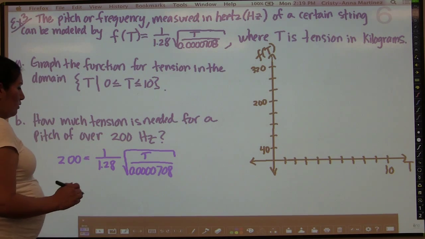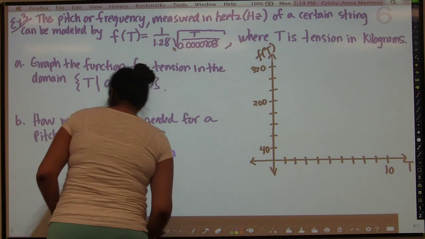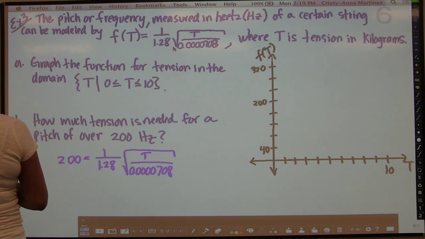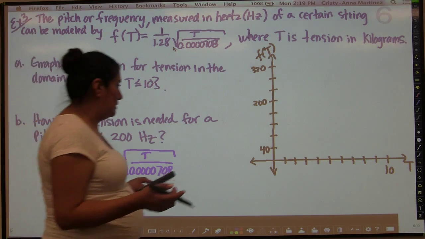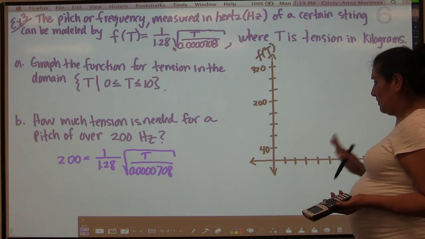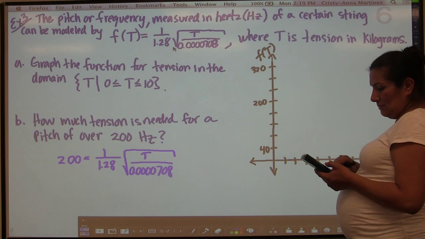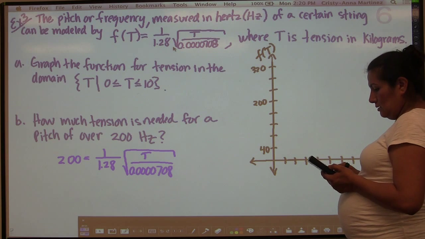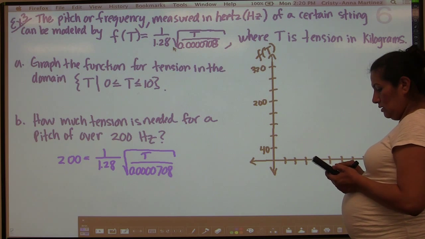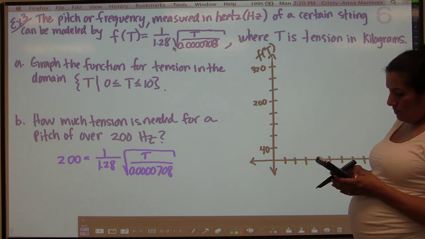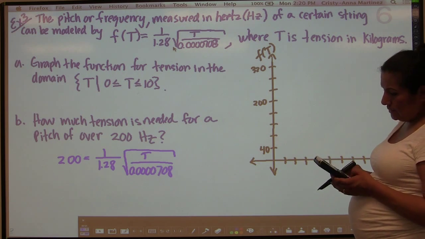But first, we want to graph this function. So I'm going to use my calculator to help me generate values for my graph. I'm going to make a t-table basically, but I'm not going to write the t-table on the board because I don't have any space. So I'm going to plug in 1 divided by 1.28.